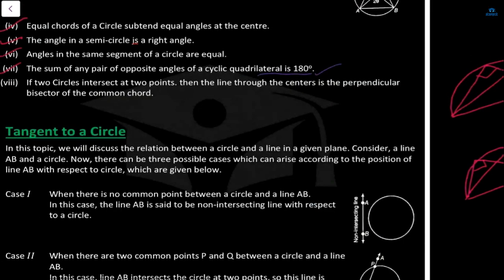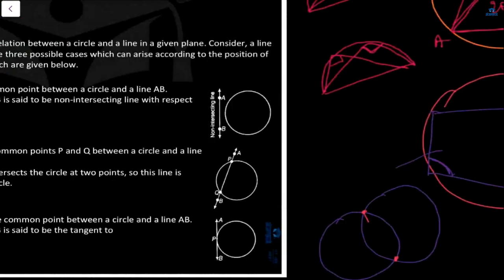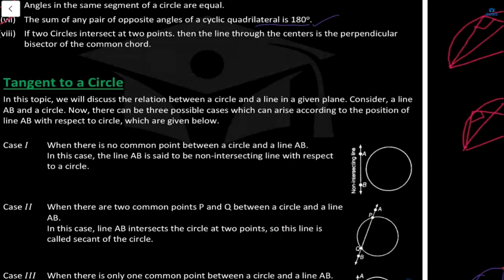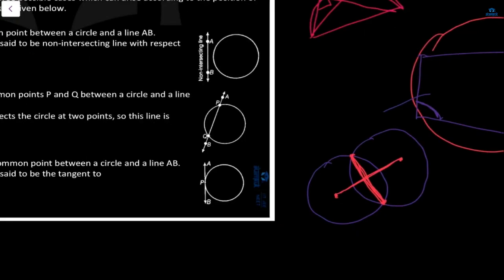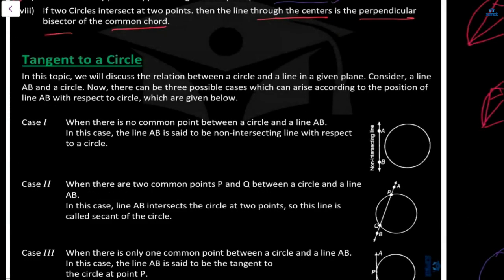If two circles are intersecting at two points, then the line through the centers is the perpendicular bisector of the common chord. This is the common chord here; a chord is a line joining two points of the circle. Both points are common, so the line joining the two centers will be the perpendicular bisector of the common chord. Got it.